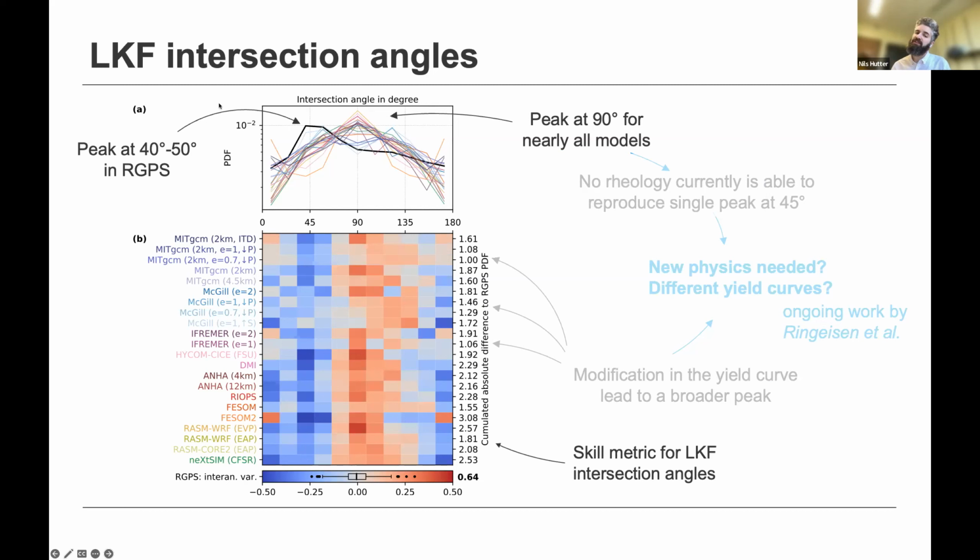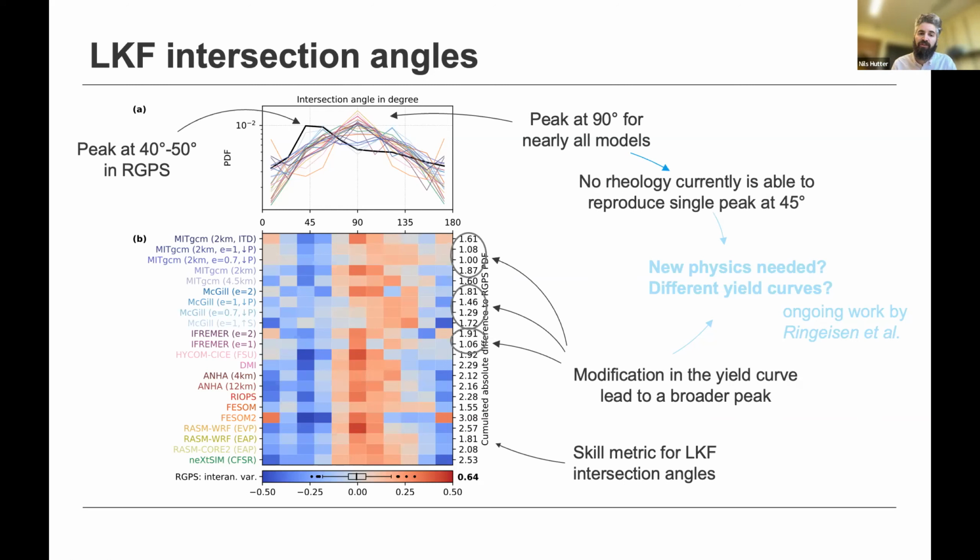And what we can see for the observations, that's the black line up here, the RGPS, is that we have a distinct peak at 40 to 50 degrees for the intersection angles, whereas most models actually have a peak around 90 degrees. And you can also see this in this big red part here in the middle. And actually no model is able to reproduce this peak at 45 degrees.